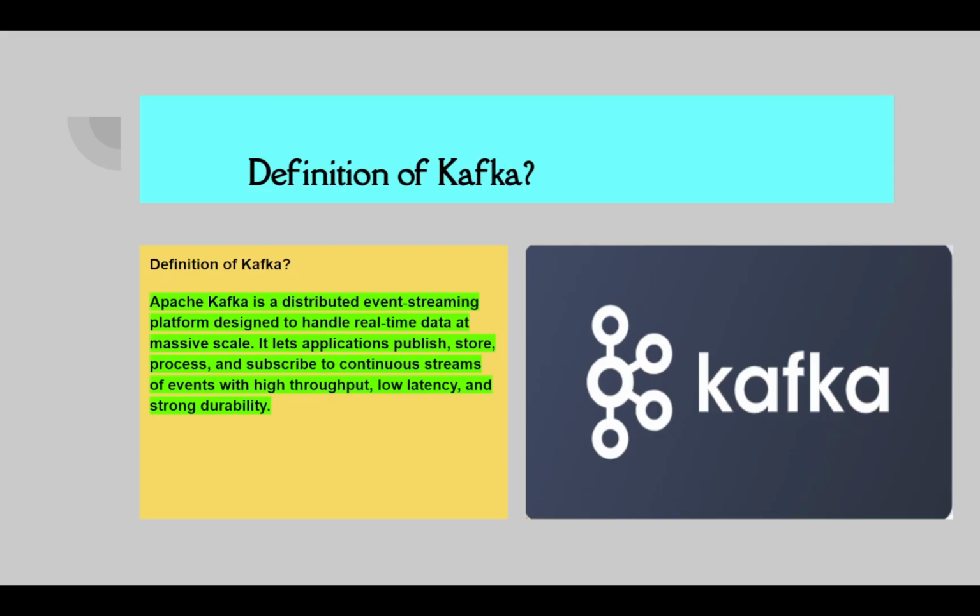If your application is dealing with a huge stream of data and huge events, then Kafka is the best tool. It has a lot of advanced features like high throughput, low latency, and strong durability. We will see the real-time implementation of Kafka, but you can think of Kafka as a message-based tool which will allow you to process huge streams of data.